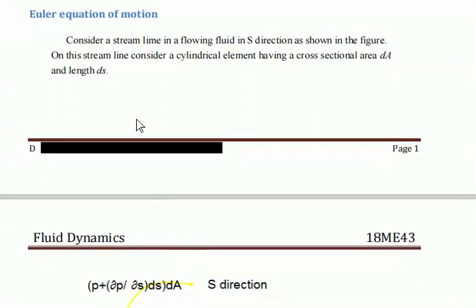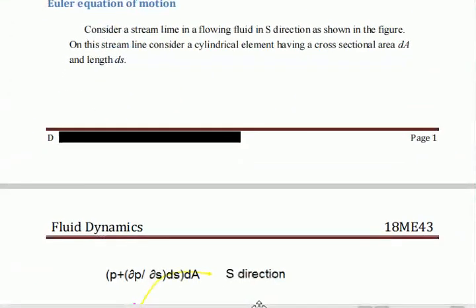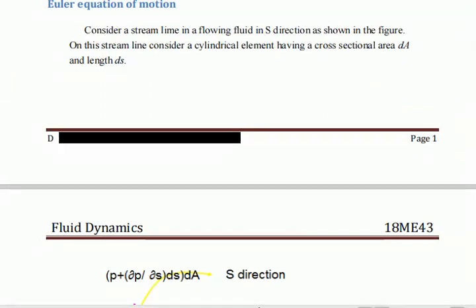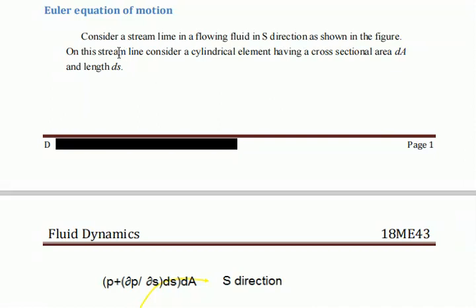Here consider a streamline in a flowing fluid in the s direction, as shown in the figure. On this streamline, consider a cylindrical element having cross sectional area dA and length ds.